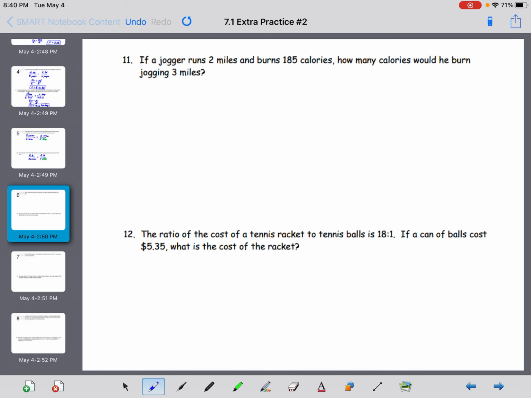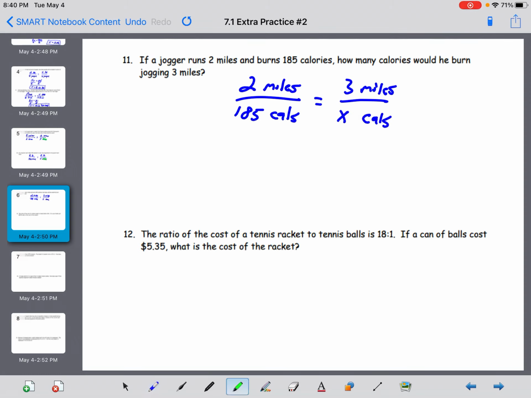Number 11, if a jogger runs 2 miles and burns 185 calories, how many calories would he burn for jogging 3 miles? Okay, so solve for x, which will be in calories. Cross multiply. The ratio of the cost of a tennis racket to tennis balls is 18 to 1.